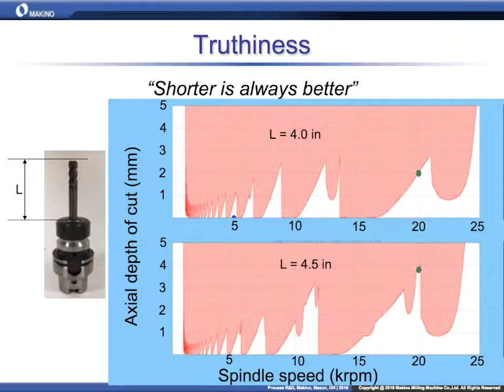So by lengthening the tool to 4.5 inches, that's not a significant decrease in stiffness compared to a 4-inch stick out. Right. So you're sacrificing a little bit of stiffness, but because the natural frequency of the tool also shifts, it aligns better with the 20,000 RPM spindle.